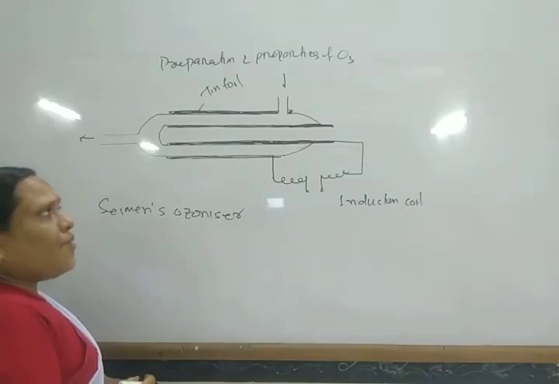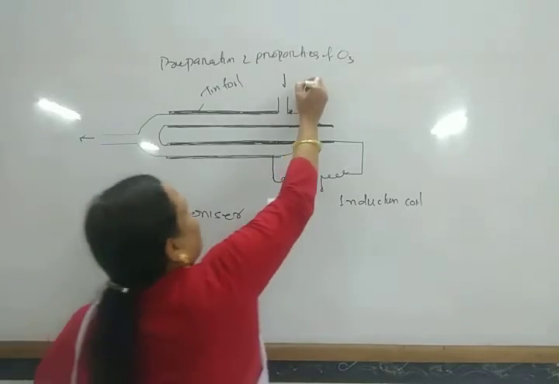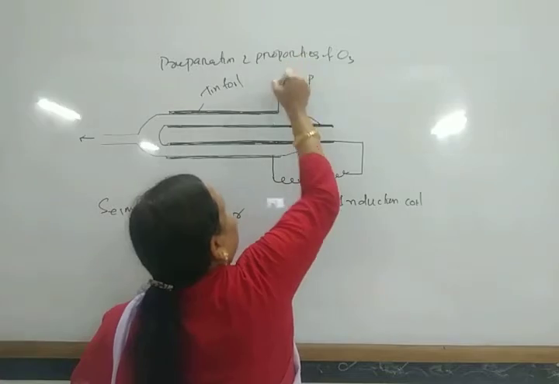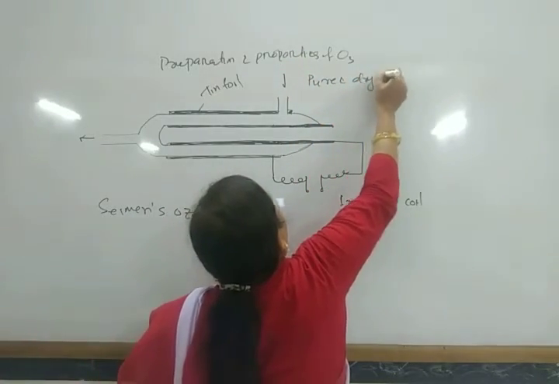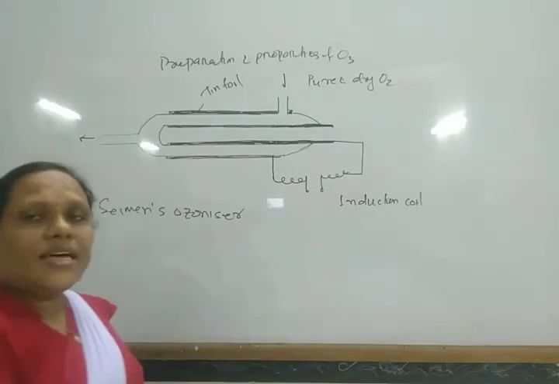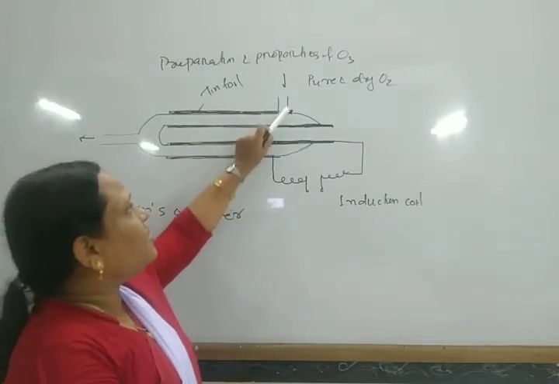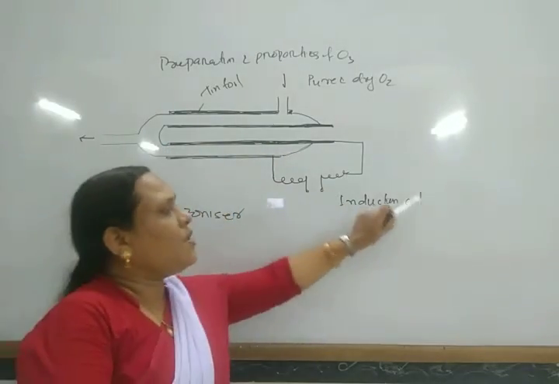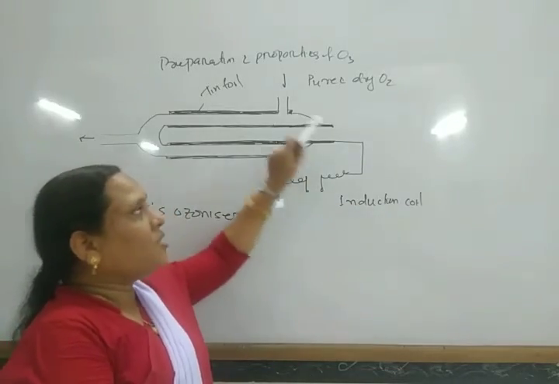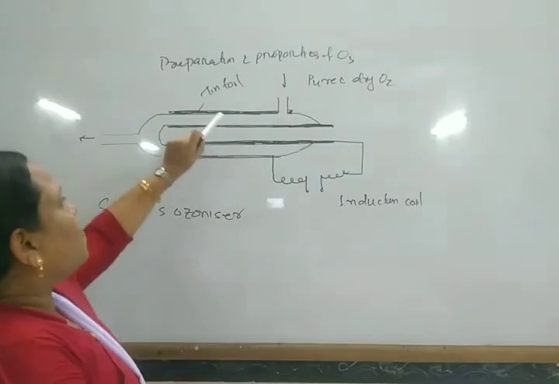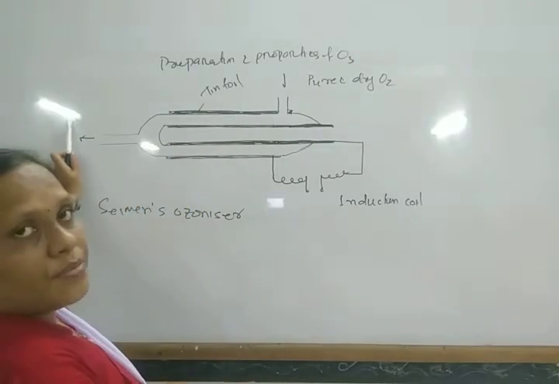So for this inlet, pure and dry oxygen gas is passed. As the pure and dry oxygen gas is passed through it, due to the passage of sparkless current from the induction coil, ozonized oxygen is produced.